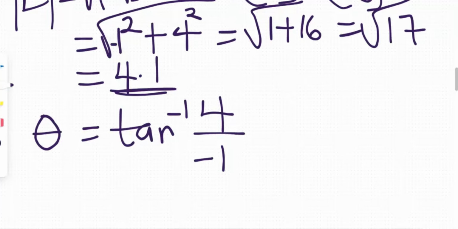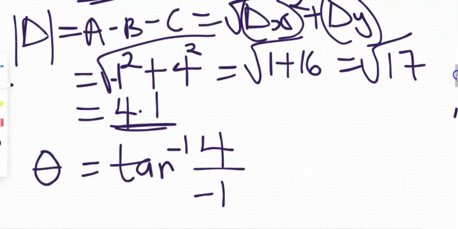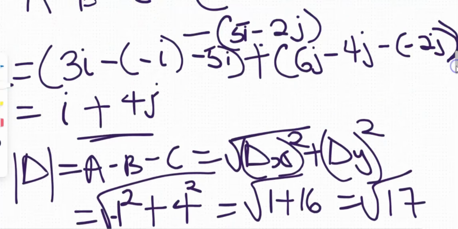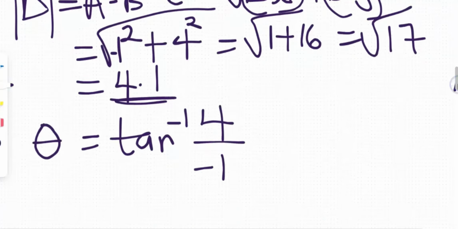If you look at these calculations up here, it's supposed to be negative 1. 3I plus is equals to 4I minus 5, that is negative I. So we have 4 over negative 1.